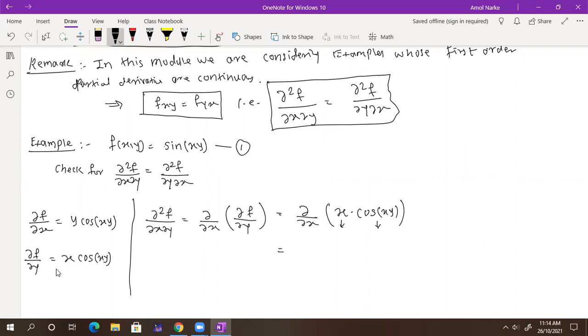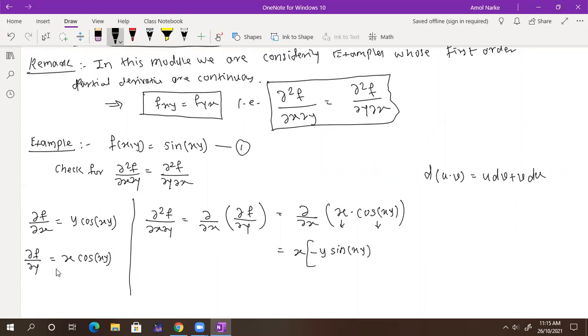The derivative of u times v is the first term as it is times the derivative of the second, plus the second term as it is times the derivative of the first. So first x as it is, times the derivative of cos xy, which is minus y sin xy.